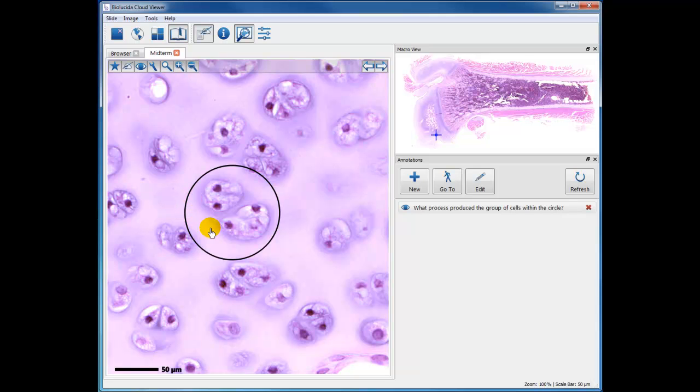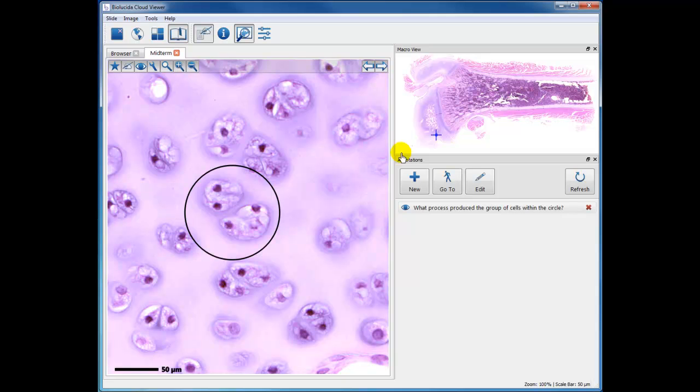So I see a slightly eosinophilic area out here, and then I see basophilia around these, what I presume to be cells. There's maybe two cells here, and another cell here, another cell, and maybe another cell here. The nucleus is not shown. So it looks like you have a cluster of cells surrounded by what appears to be a basophilic matrix surrounded by eosinophilic. So you have to think about what you have learned.